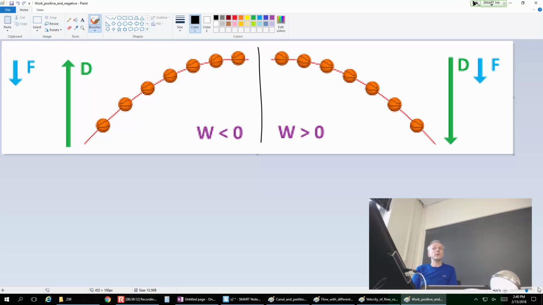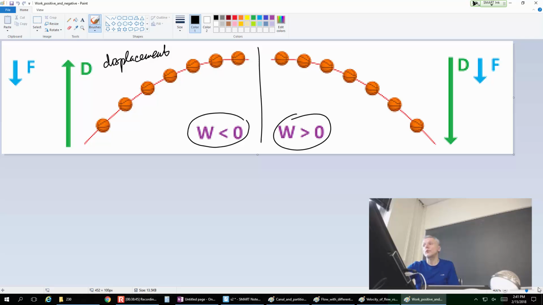So the force of gravity works downward, which means that when you're going up, the ball is going up. It goes against the force, and as you can see, that's what we conclude, that the work is negative. And when it's going down, your displacement, that's what D stands for, is going down, and therefore the work is considered to be positive.